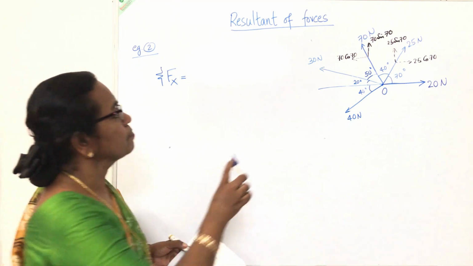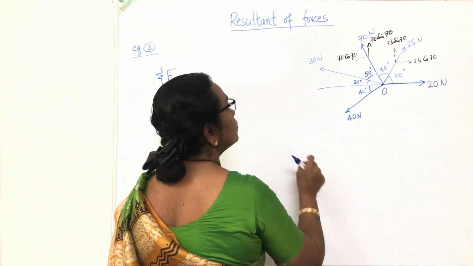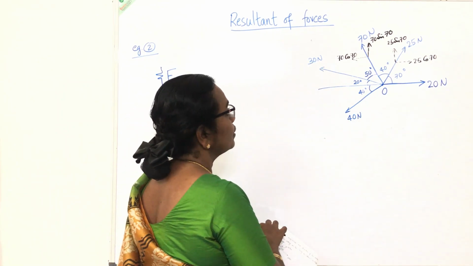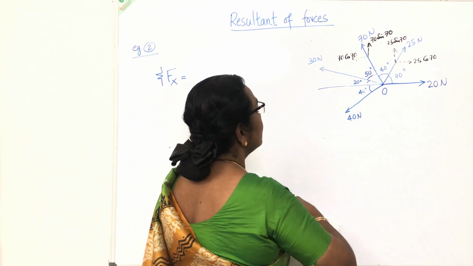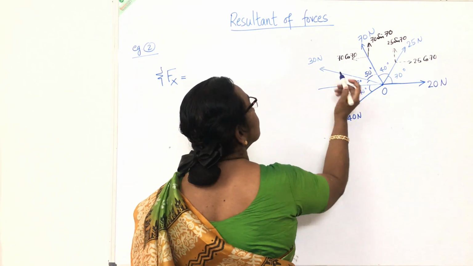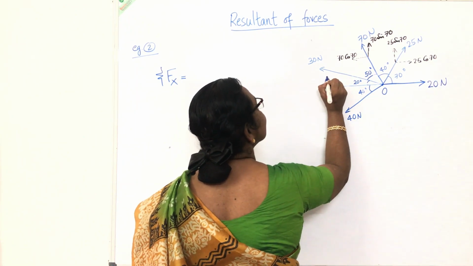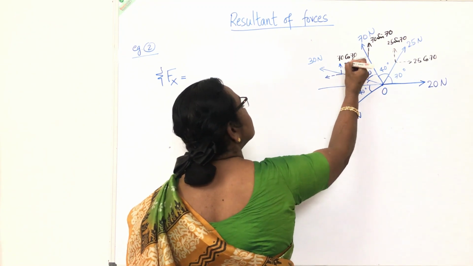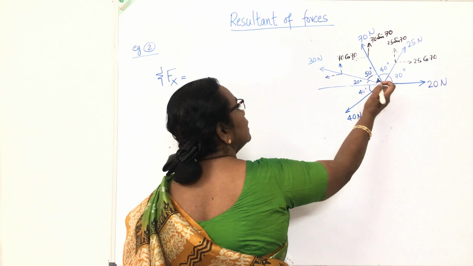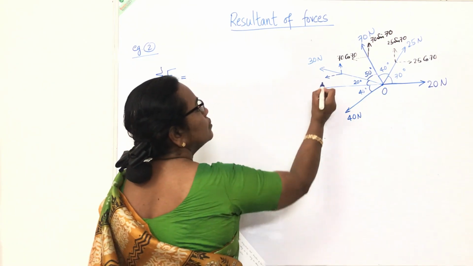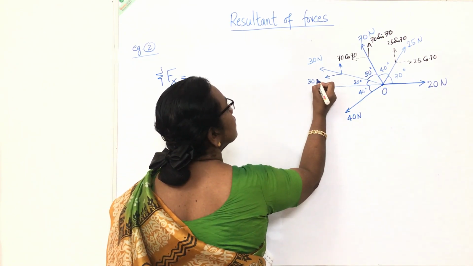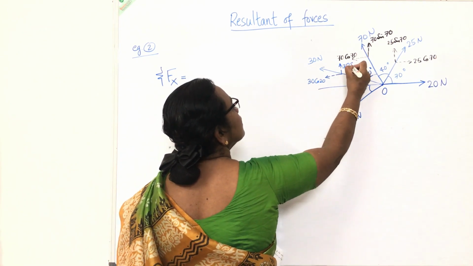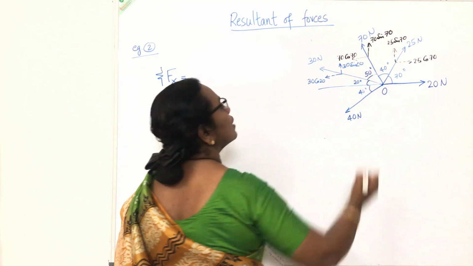The third force, this 30 Newton, is outward, so its components are going to be outward. This is the x component and this is the y component. This angle is 20 degrees. So this is going to be 30 cos 20 and 30 sin 20.